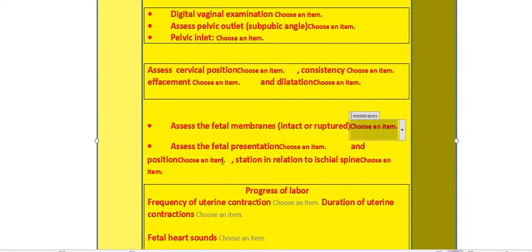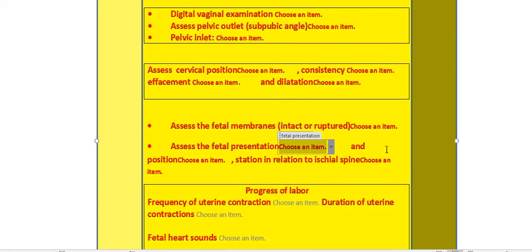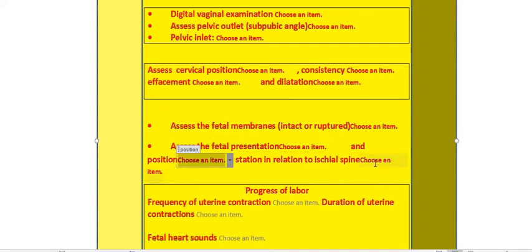And we assess the fetal presentation, whether it is cephalic or breech or cord prolapse or face or brow, shoulder, and we assess the position, whether it is left occipital anterior, sacroanterior, transverse or posterior, on the left side or the right side.